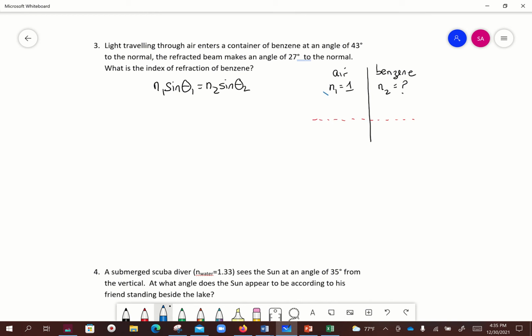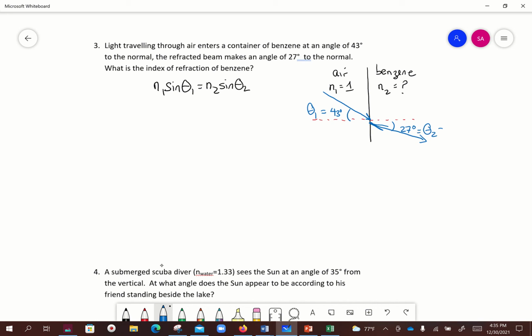So it comes in like this, and this angle is 43 degrees, and then it goes into the container of benzene and it bends so that now it's making an angle of only 27 degrees on the other side. So theta 1 is 43, theta 2 is 27.